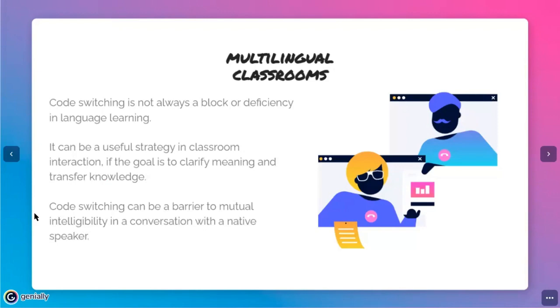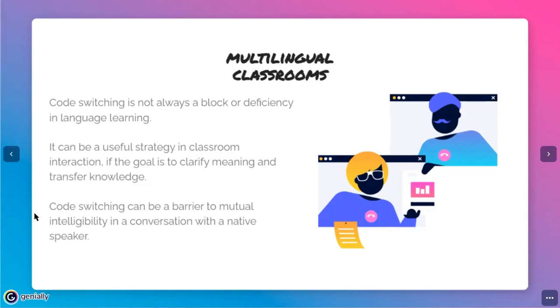It can be a useful strategy in classroom interaction if the goal is to clarify meanings and transfer knowledge, and it can be a barrier to mutual intelligibility in a conversation with a native speaker.